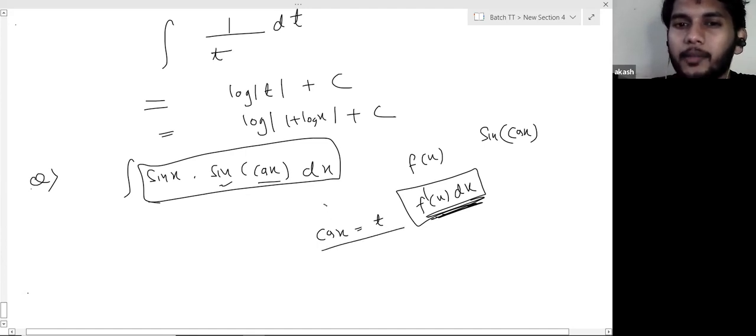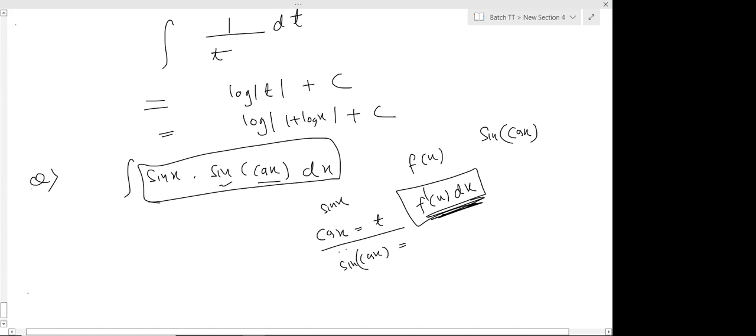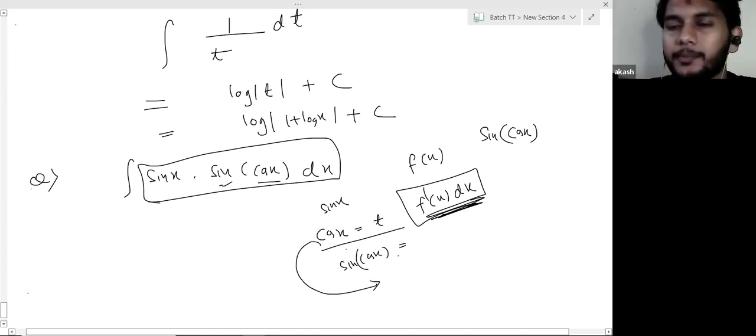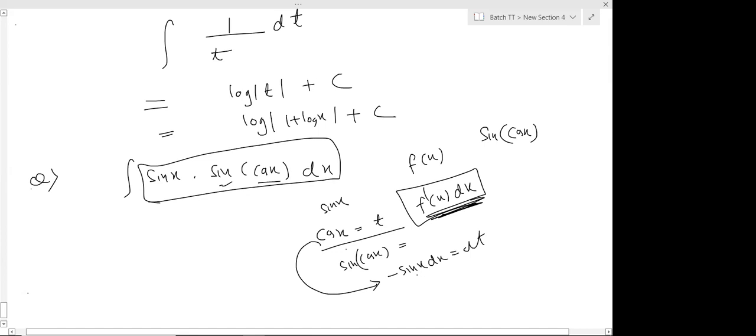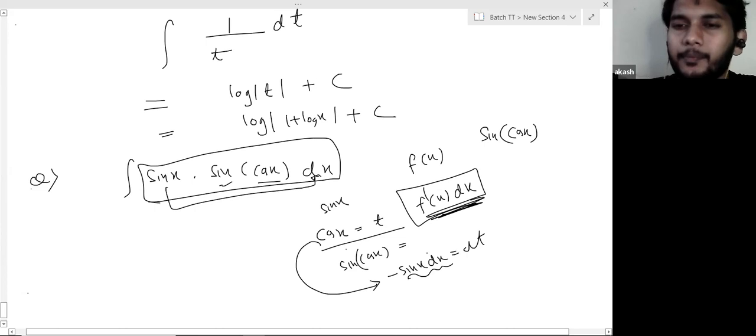Ahmed, if you take cos x as t here, right? You have sin x, you have cos x, and you have sine of cos x. Three functions, right? Yes, sir. So if you take cos x as t, then what is the differentiation of cos x? Minus sin x. So minus sin x dx will be dt. So we have sin x dx in this question, right? So sin x into dx, what can you write?